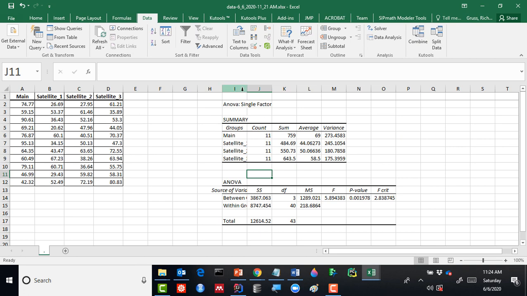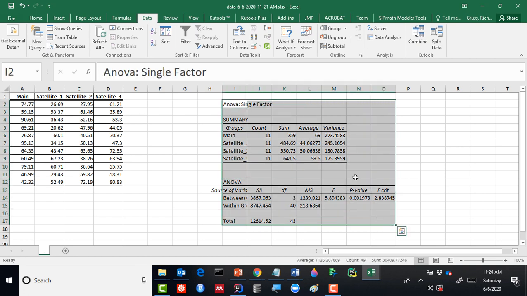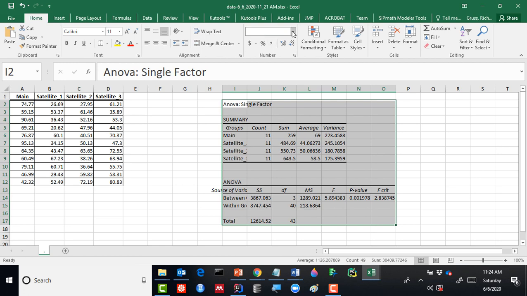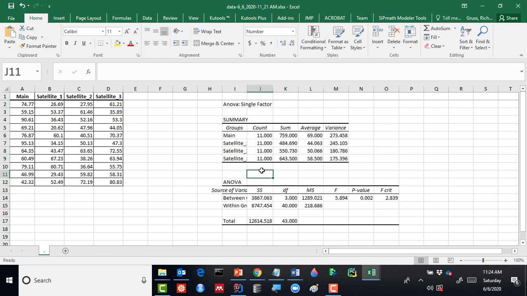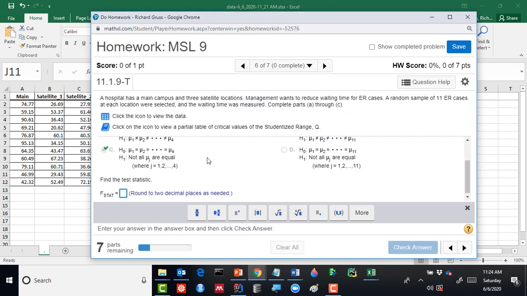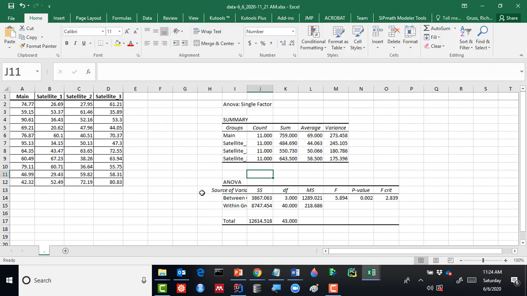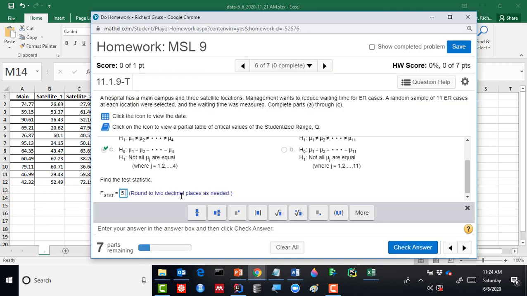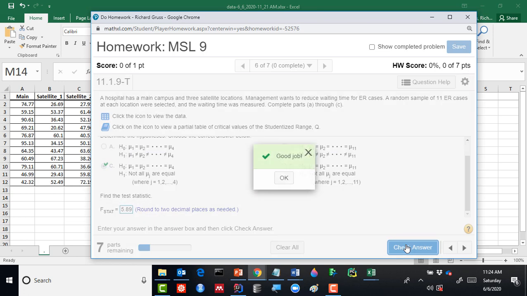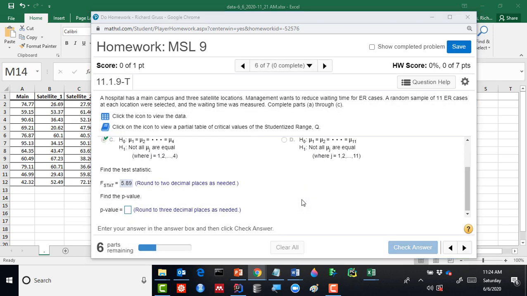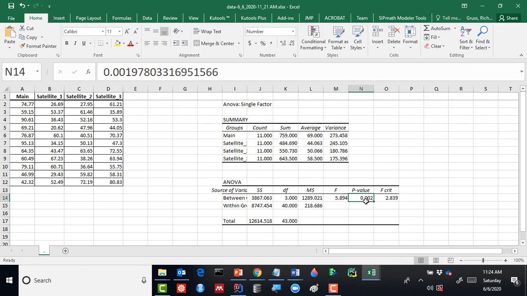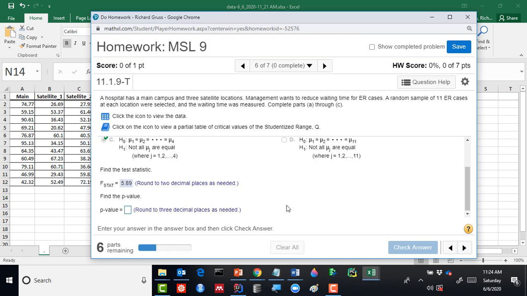I think we want maybe 2 or 3 decimals of precision here. The F statistic is 5.89, and the p-value is right here, to 3 decimal places, 0.002.